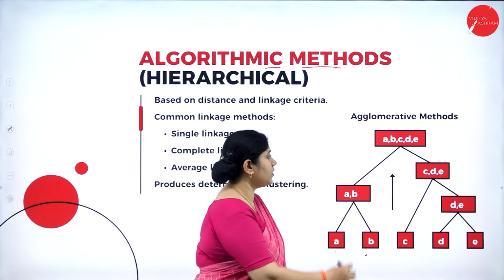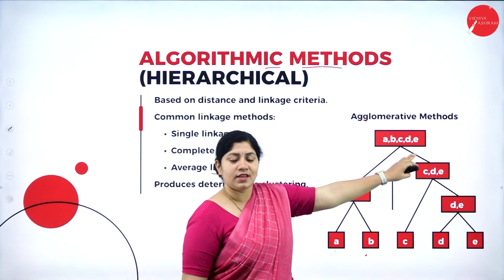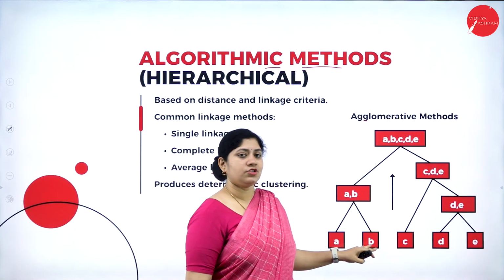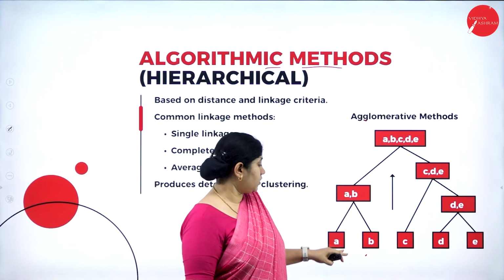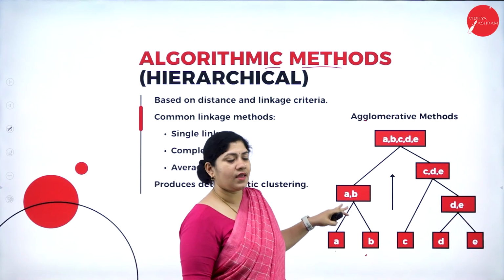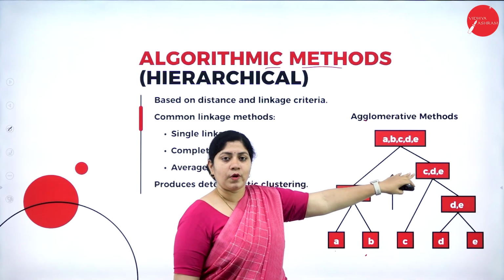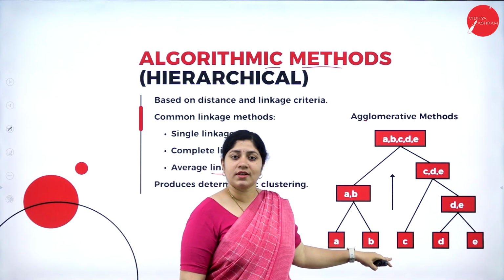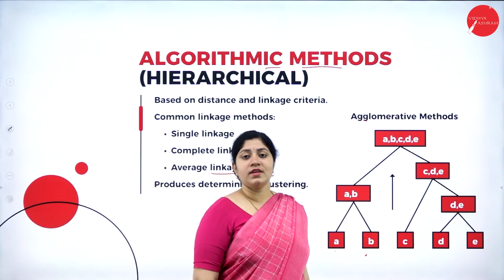So you can observe here we have A, B, C, D, E. Now, all of these A, B, C, D, E form their individual clusters, and in the next step, each merges with one of the other clusters, and then finally it forms a simple hierarchical model. Thus, we call this the agglomerative method of hierarchical clustering.